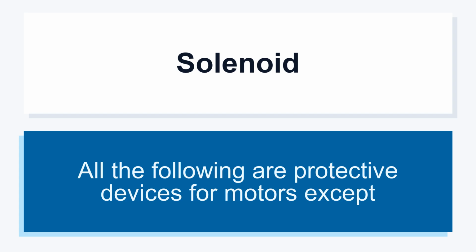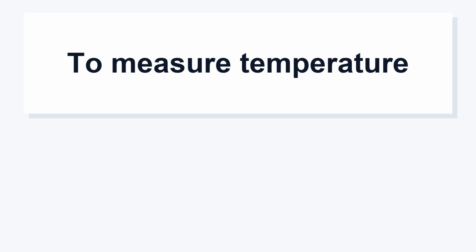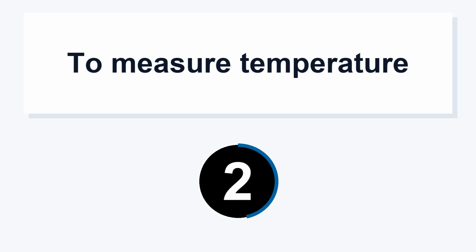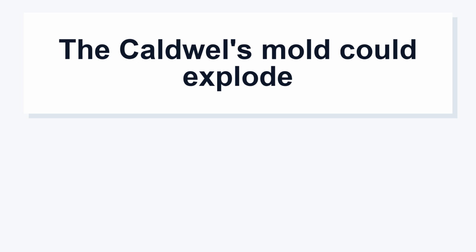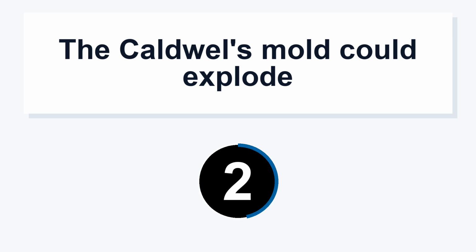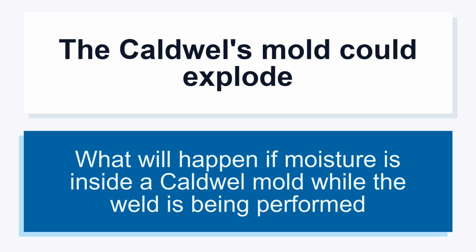All the following are protective devices for motors except solenoid. To measure temperature. What is the purpose of a thermocouple? The Cadweld mold could explode. What will happen if moisture is inside a Cadweld mold while the weld is being performed?